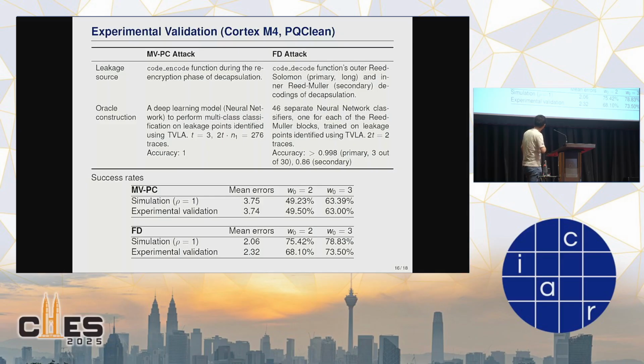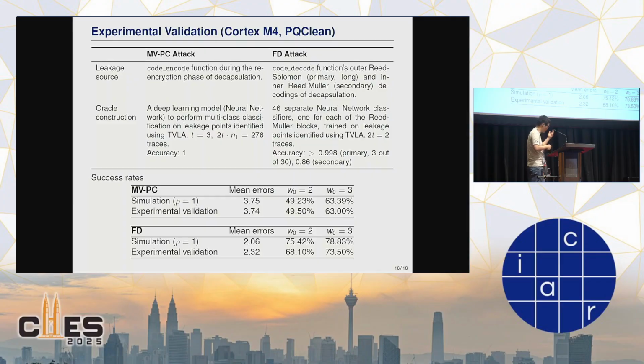So if you look at this success rate, you see that for MVPC, the simulation results and the experimental validation results meet very well. But if you look at the FD case, the experimental part is slightly worse than the simulation part.